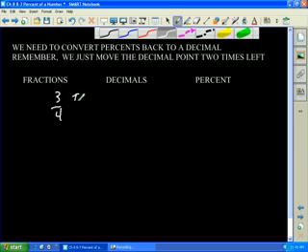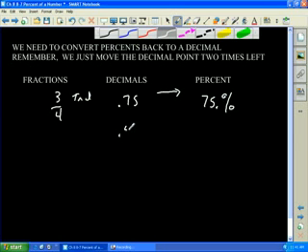Remember, we used to do the tip and divide. If we did that, we would get 0.75. Then to go to the percent, you can either multiply by 100, and again, powers of 10, there are two zeros in 100, so I can move the decimal two times, and I get 75%.